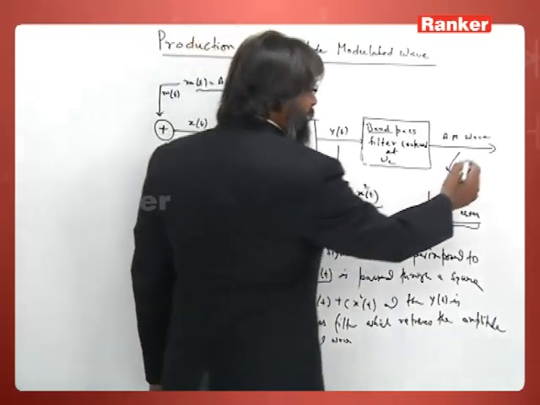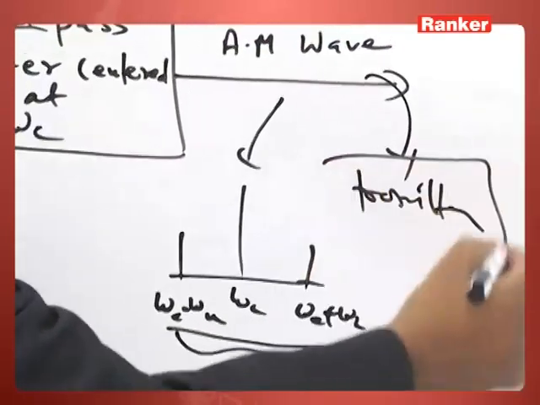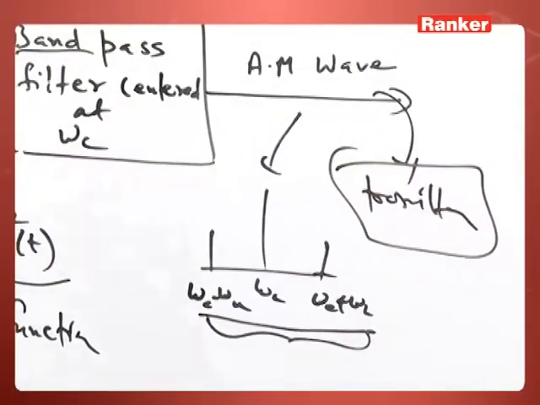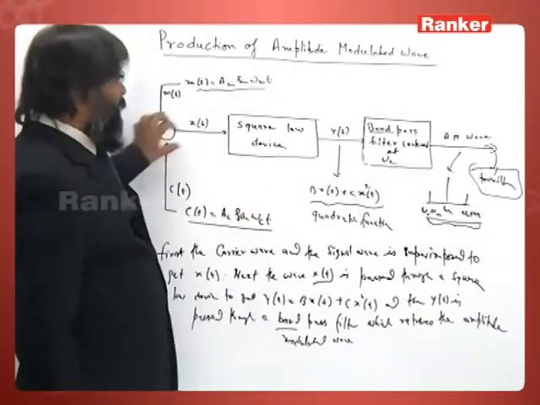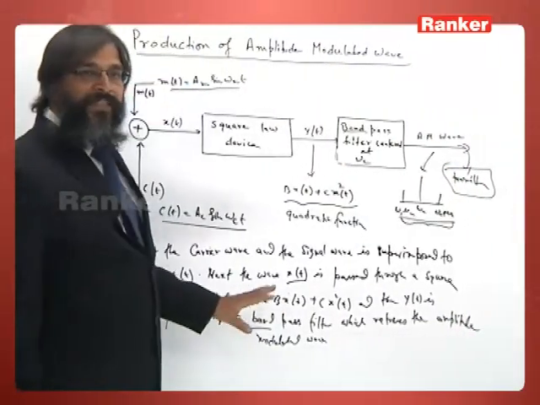Now this wave is sent to the transmitter for transmission, and this is how my signal wave mixed with the carrier wave is transmitted to the transmitting channel.